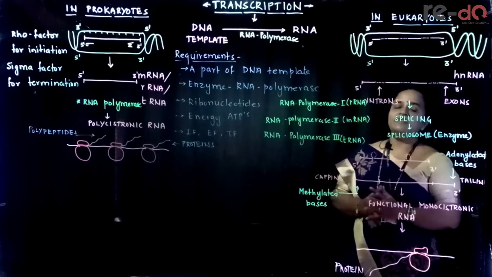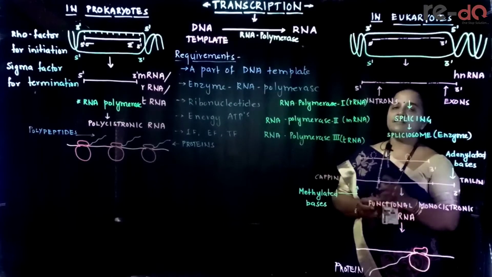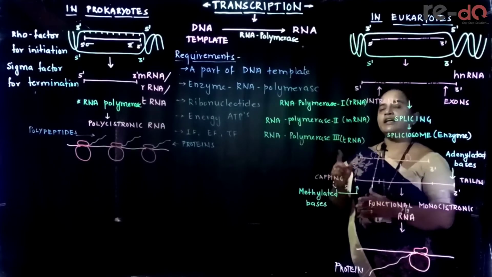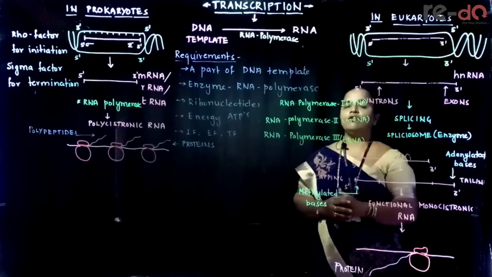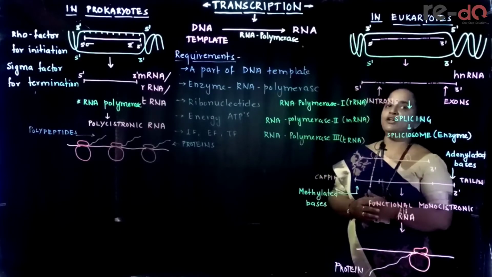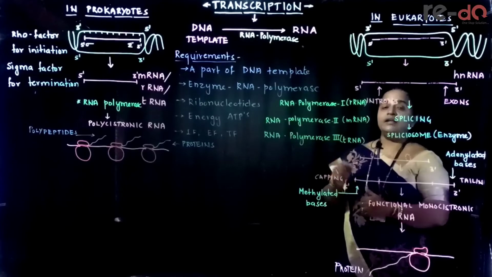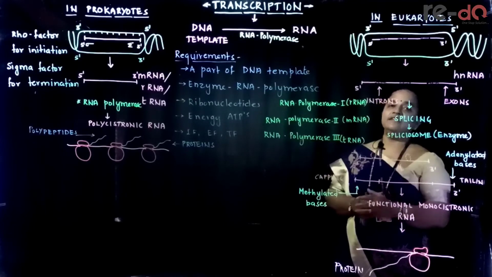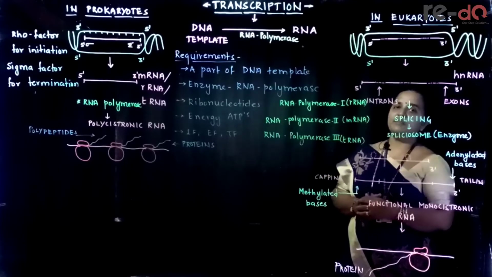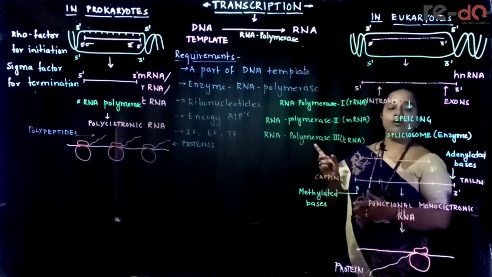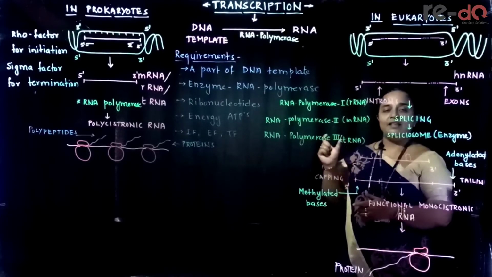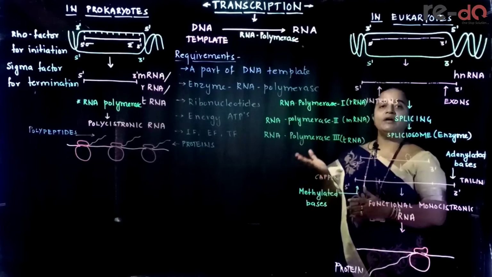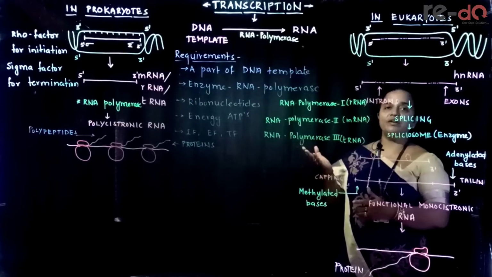So, in other words, transcription is the synthesis of RNA molecule on DNA template in presence of an enzyme called RNA polymerase. RNA polymerase requires a binding site, and that binding site is present towards the 5' end of the coding strand. Coding strand is 5' to 3', and that is called the upstream point.